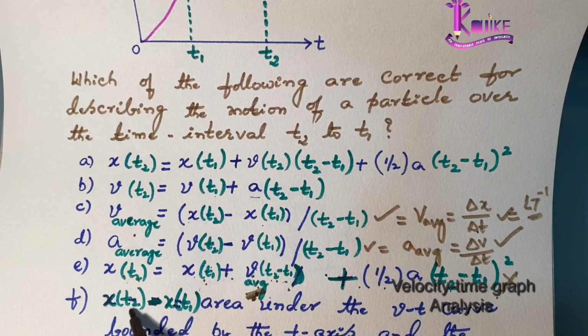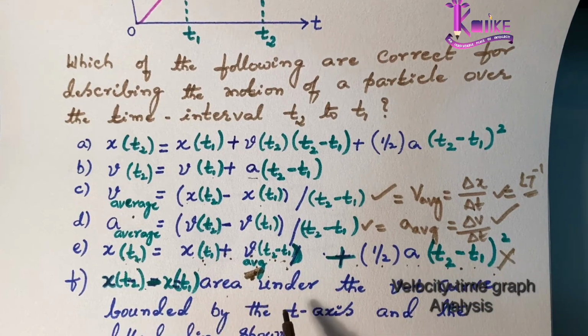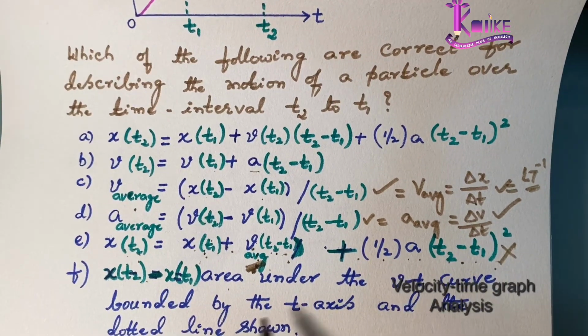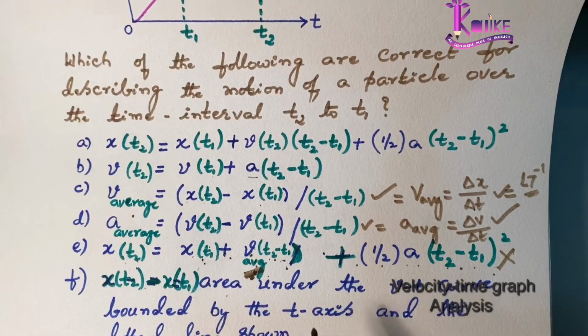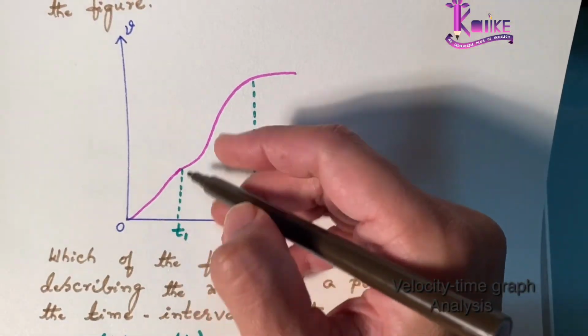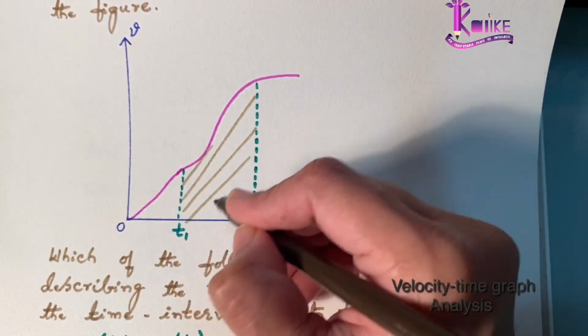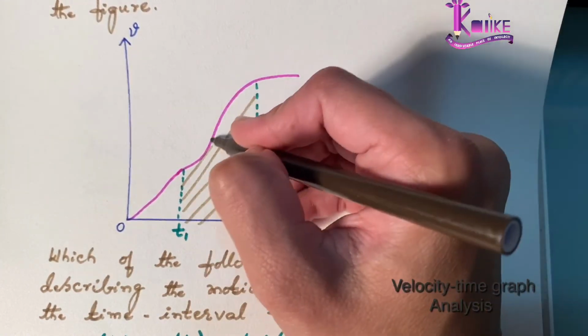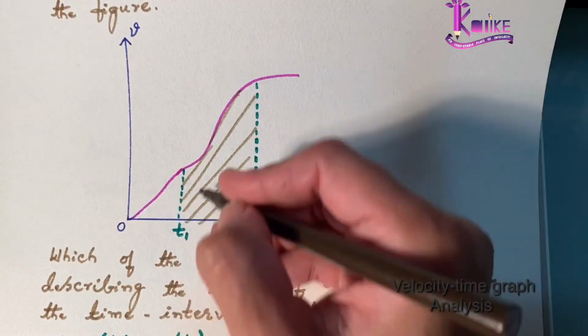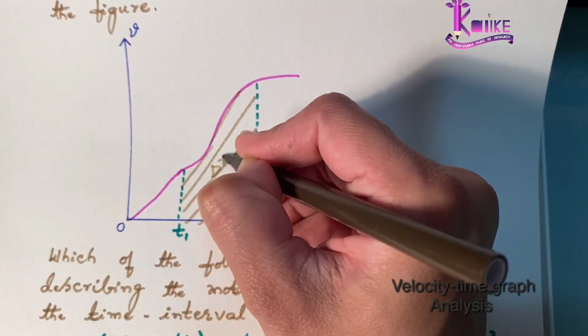Well, the last one, delta x represents the area under the VT curve bounded by the time axis and the dotted line shown. So this area that you have under the VT curve actually does represent delta x, which is the displacement.